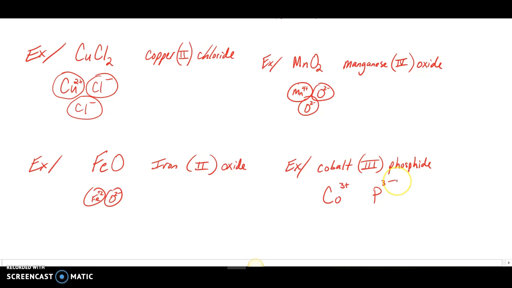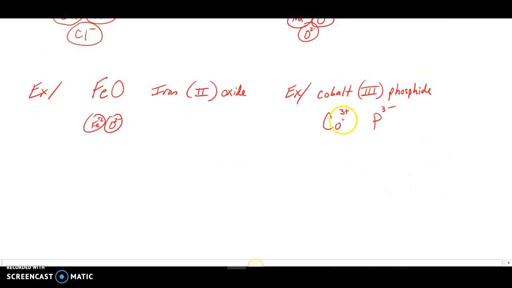Phosphorus is a 3 minus. So you need 1 of each: CoP. Notice you do not have Co3P3. You always reduce if you can. Instead of both of those having 3 subscripts, they both just need to be 1 subscript. You need 1 plus 3 and 1 minus 3 to cancel out.